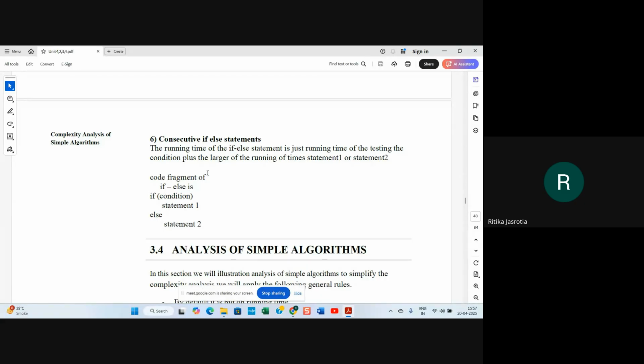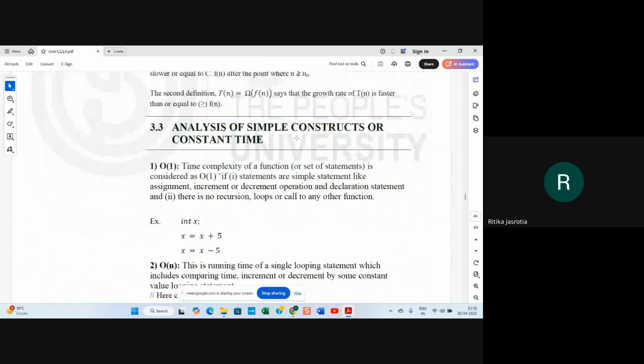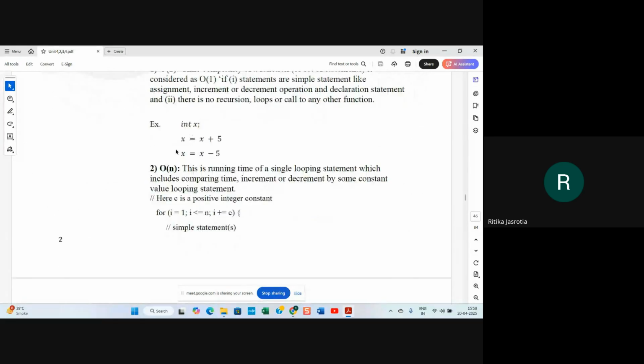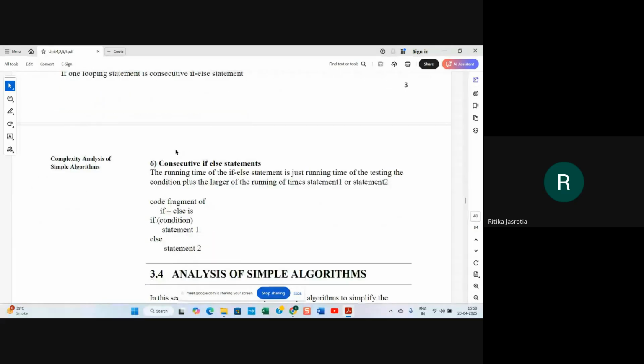So if you have multiple if-else statements, whichever of statement 1 or statement 2 is run, you take the larger time for running. So they have given you that analysis of where it will be O(1), O(n), O(n²), and O(log n). That kind of thing they are showing.